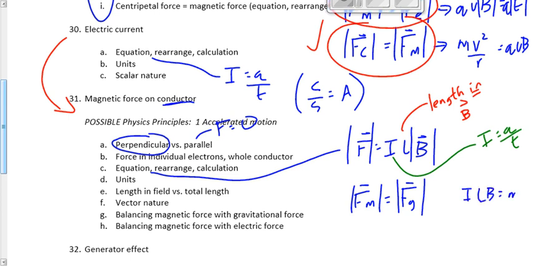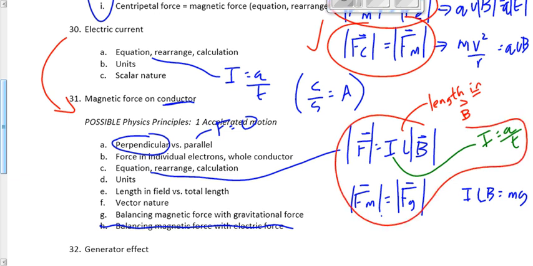Sometimes you might have to set it equal to an electric force. You probably wouldn't have to do that actually, not with a conductor. So this is likely what you're going to see in the context of magnetic force on a wire.